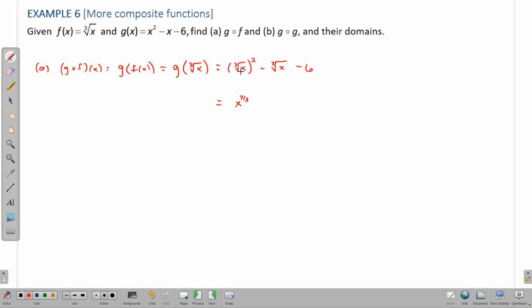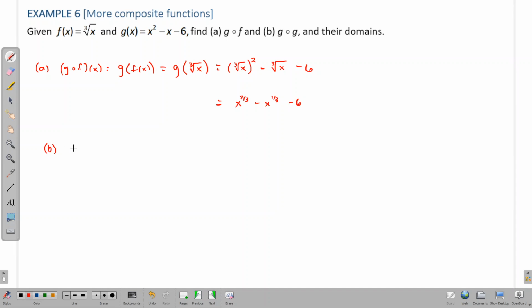Remember that cube root is a rational exponent of 1/3, and when you have a power raised to a power, you would multiply them. So cube root squared is really x to the 2/3 minus x to the 1/3 minus 6. For us, this is going to be an easier type of function to deal with than using the radical notation.